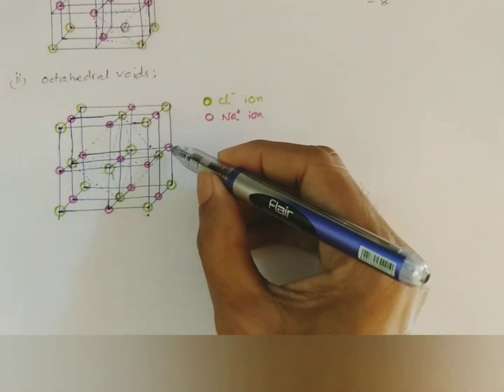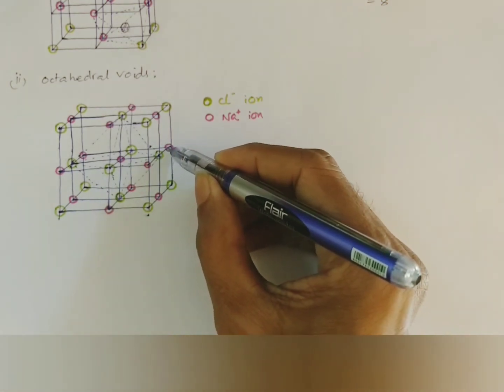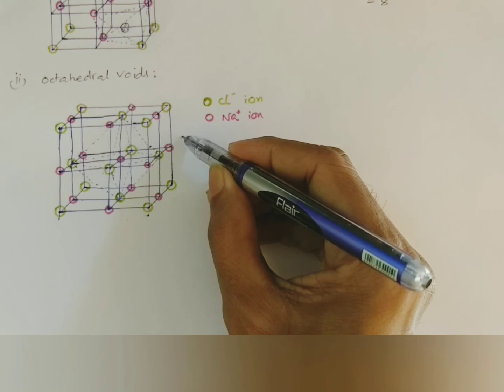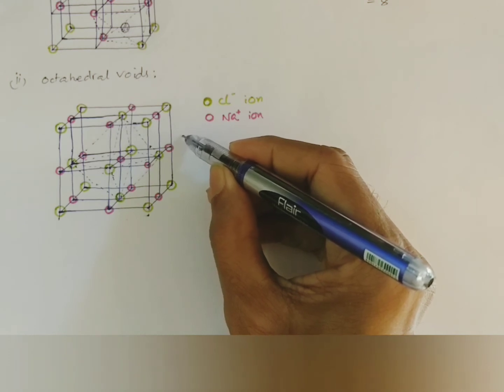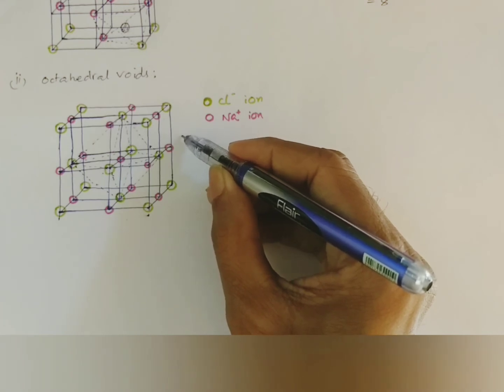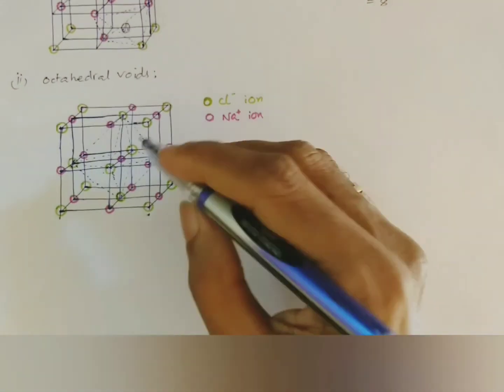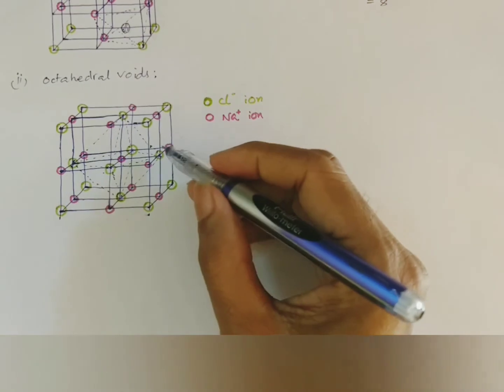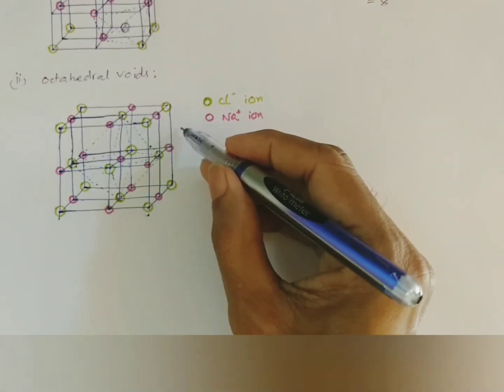If you go along this line, you will find the face centered atom of another unit cell that is present just behind this unit cell.